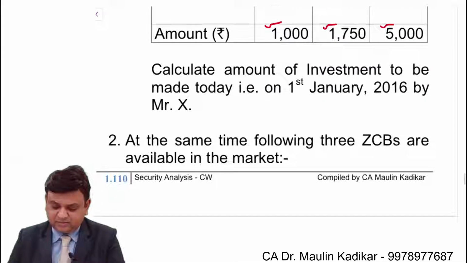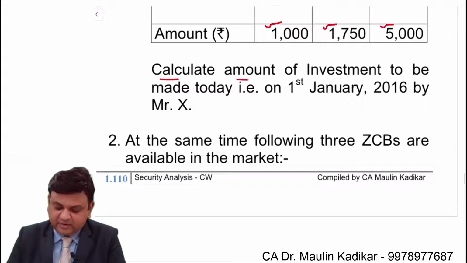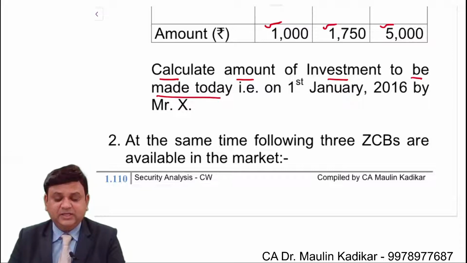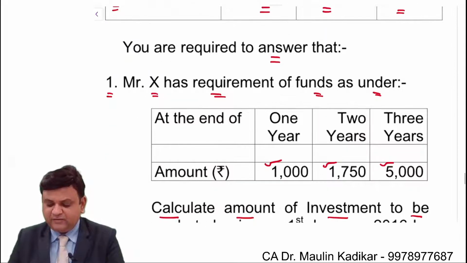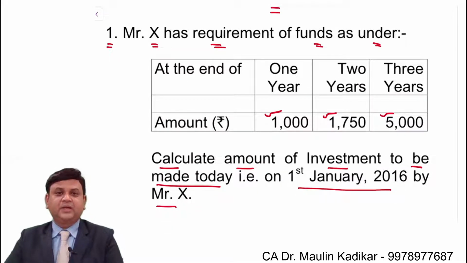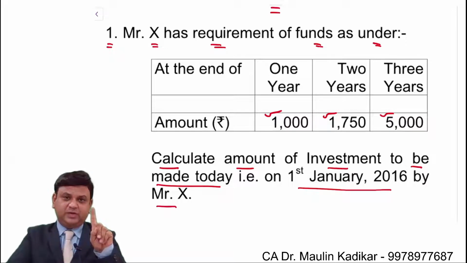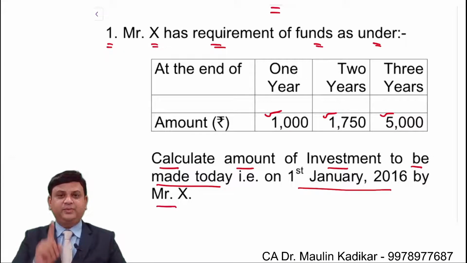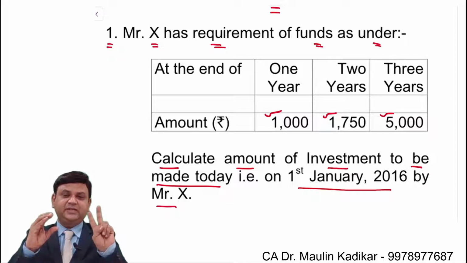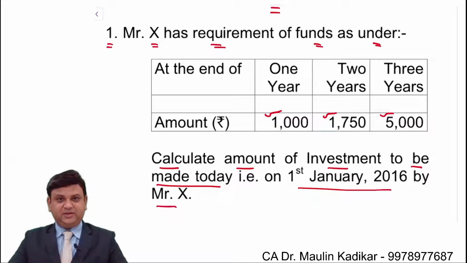Calculate the amount of the investment to be made today, that is on 1st of January, by Mr. X. So what is the single amount that he should invest today, so that he can get rupees 1000 at the end of the first year, 1750 at the end of the second year and rupees 5000 at the end of the third year? That is what we are required to calculate.